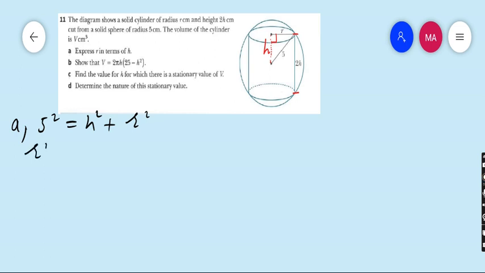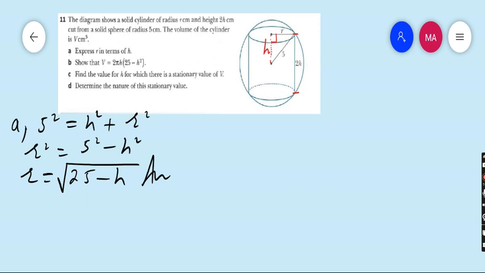So r square is equal to 5 square minus h square. So r is equal to the square root of 25 minus h square. This is the answer of part A.